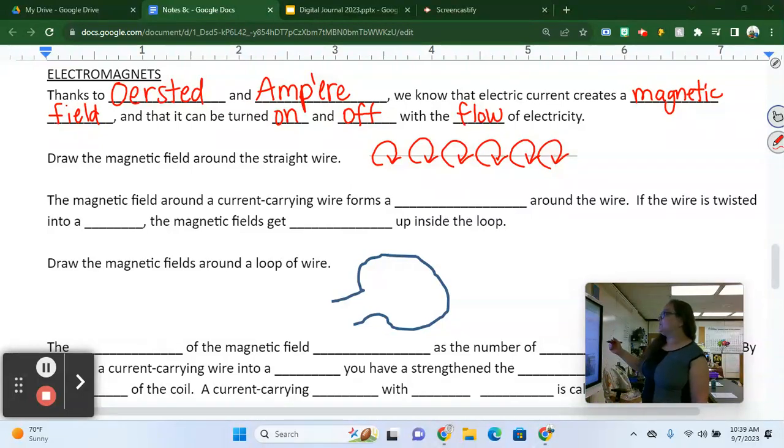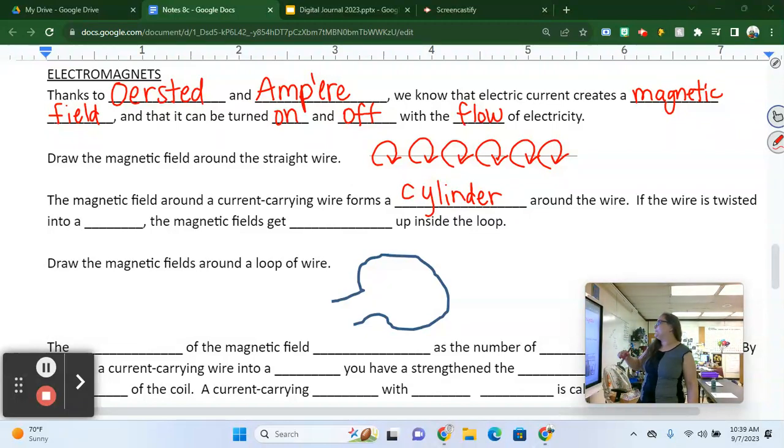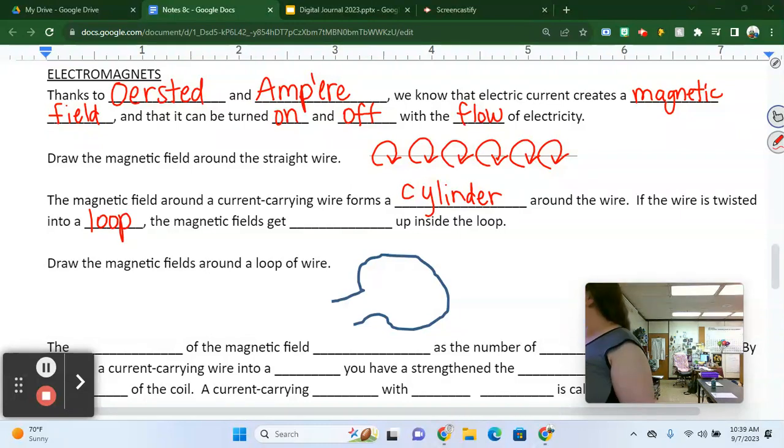So the magnetic field around a current carrying wire forms a cylinder. Do you see how we have that thin wire in the middle, and then once the power's turned on, we have this column, this cylinder of electrical energy that's going down the wire. If the wire is twisted into a loop, the magnetic field gets bunched up inside the loop.